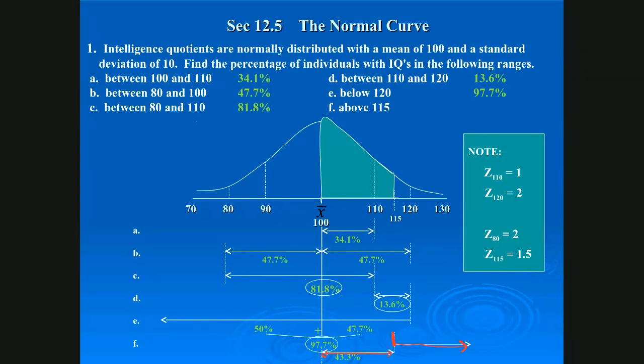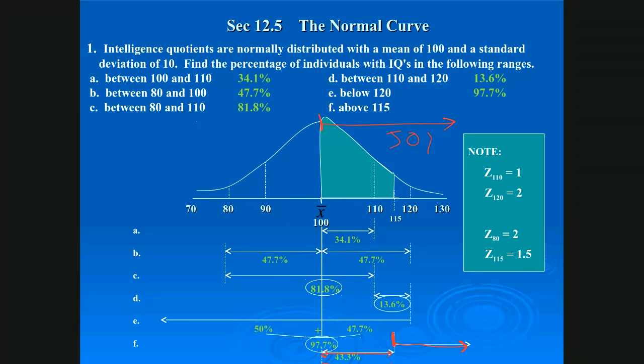Well, we know that 50% of the individuals have a score above 100. That's 50%. So we just take 43.3% away from 50%, right?